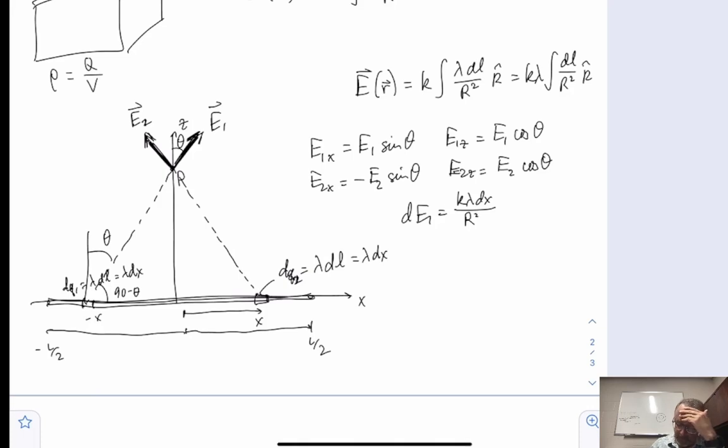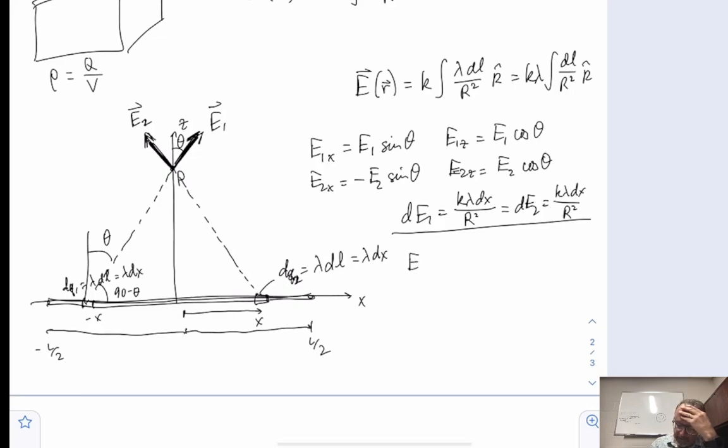And again, I'm only worried about magnitudes. dE2 is k lambda, the same dx, over r squared, and it's the same r. And so these are actually equal. Therefore, the magnitudes E1 and E2 are equal.